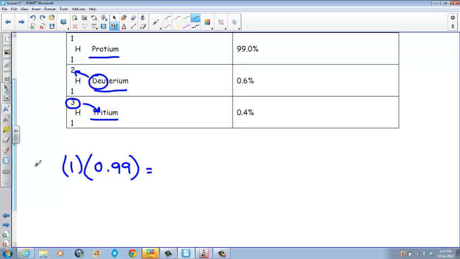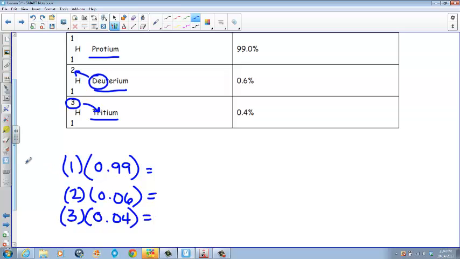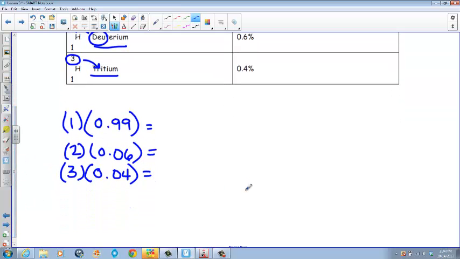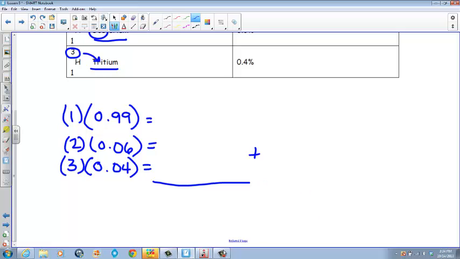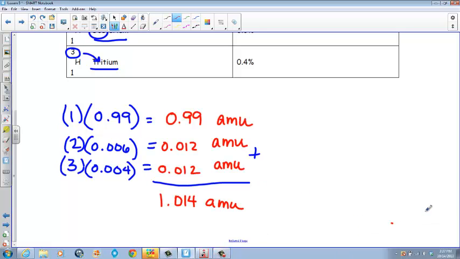First we're going to get that, and then we have to do 2 for hydrogen 2, or deuterium, times 0.06, and then tritium 3, that's the mass, times 0.04. And we will multiply these out first, then we're going to add all of them, and that will be our weighted average mass for hydrogen.